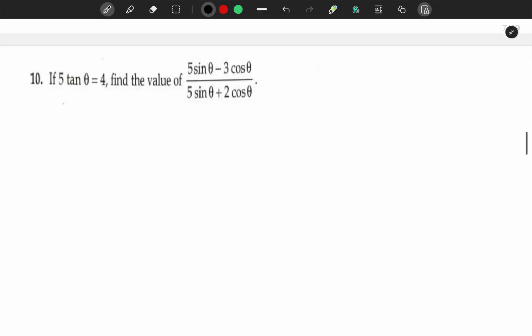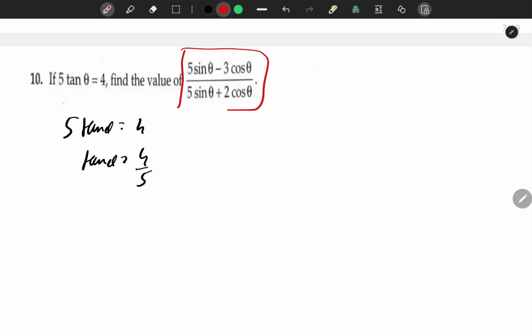Next question is 5 tan theta is equal to 4. So tan theta is 4 by 5. We need to find the value of this expression. Let us divide the numerator and denominator by cos theta.